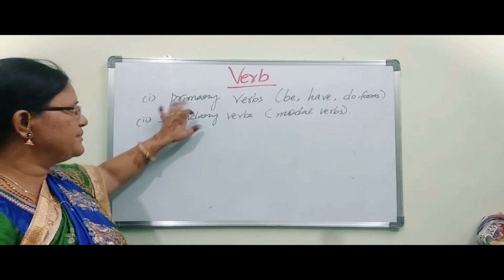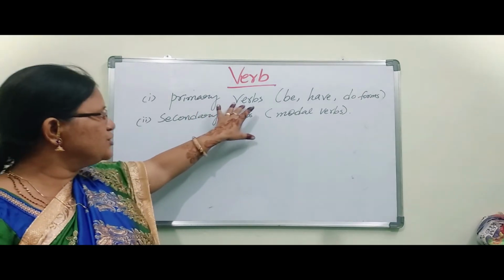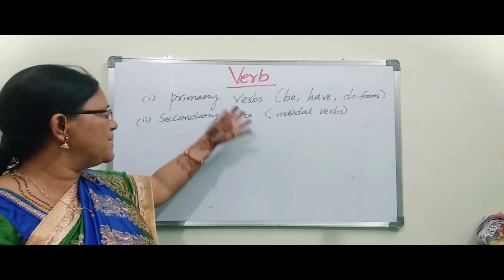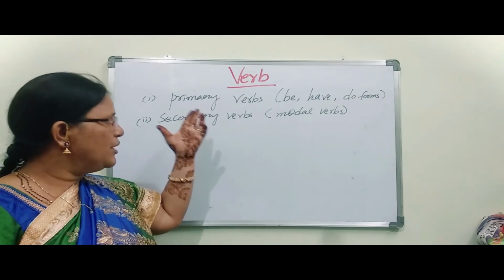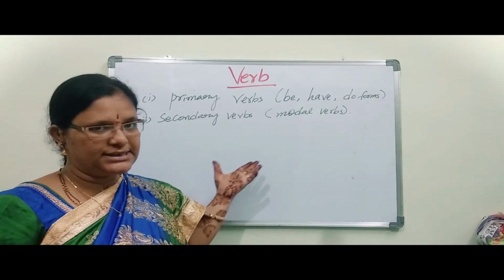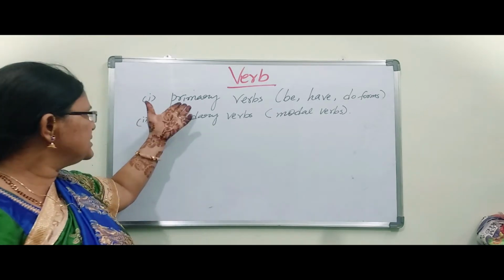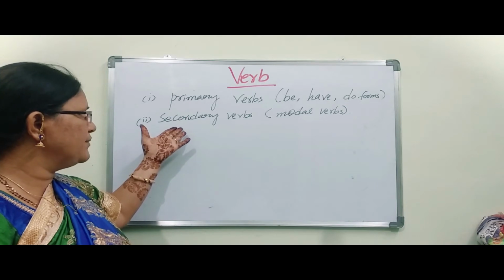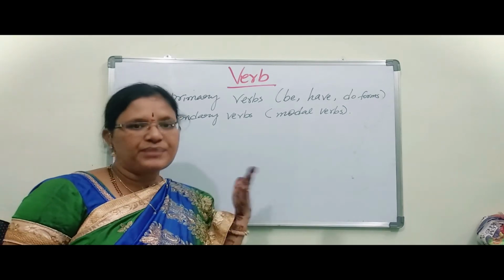So primary verbs and secondary verbs are used to show action with the main verb.